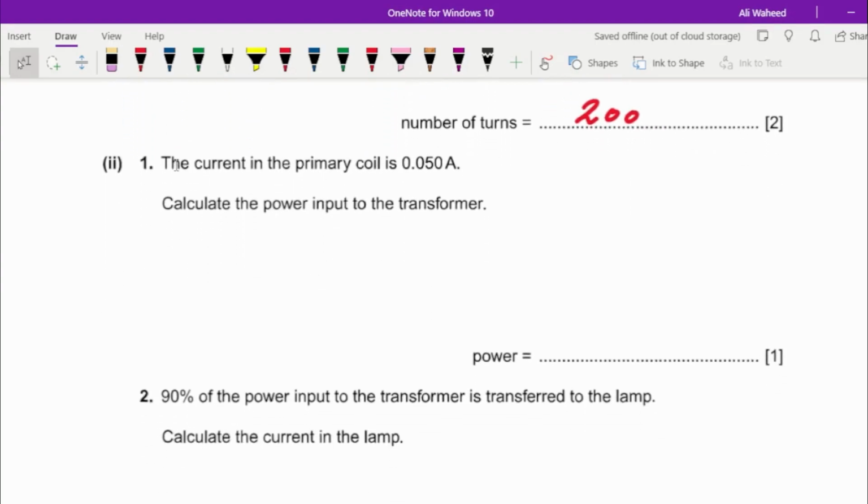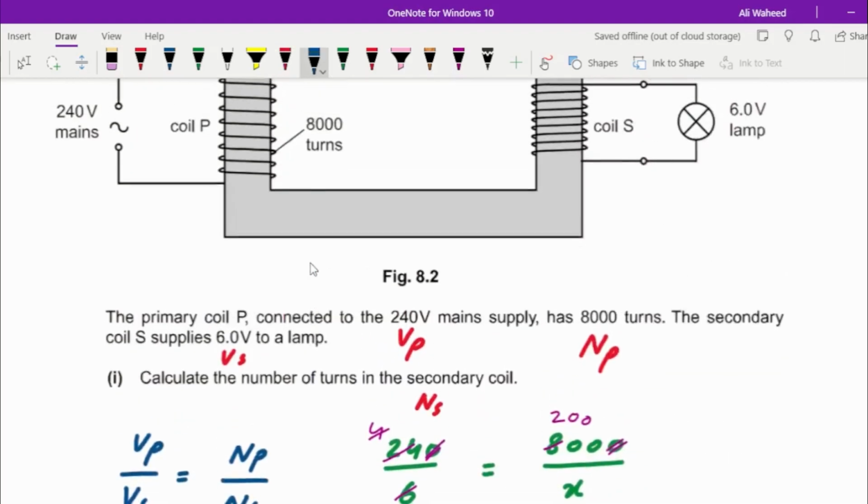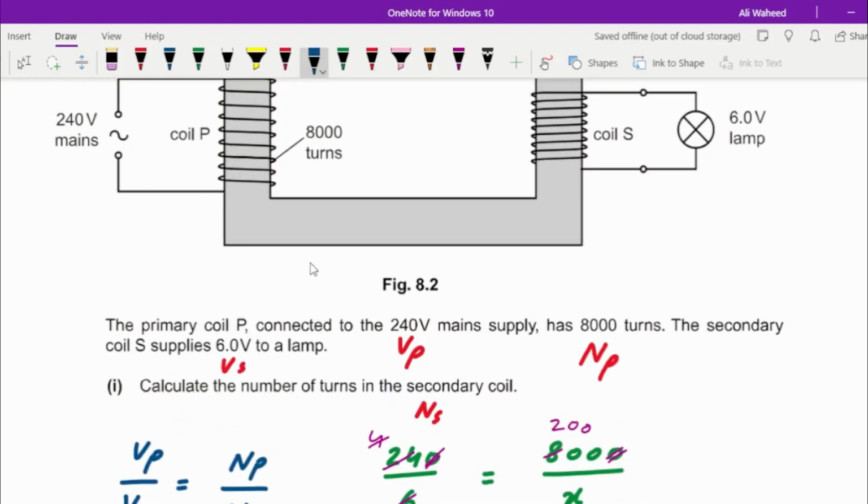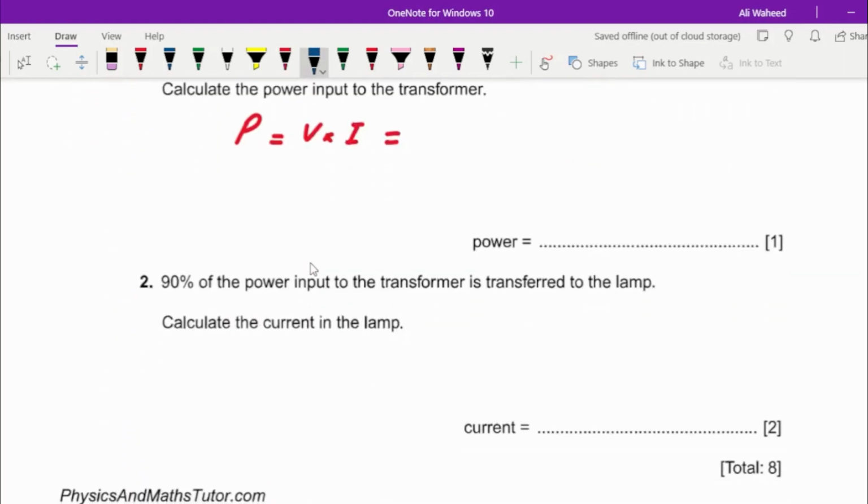Moving on to the next one. The current in the primary coil is 0.050 ampere. Calculate the power input to the transformer. So power input equals the product of voltage and current. Since we are talking about the input power, we'll be taking the input voltage, or the voltage on the primary side. That was 240.